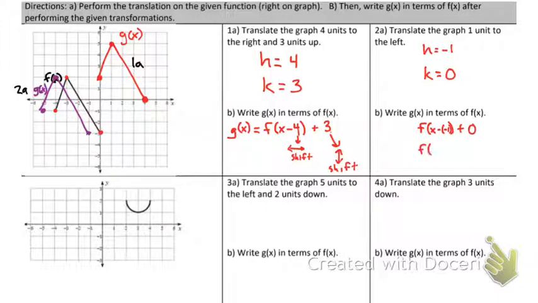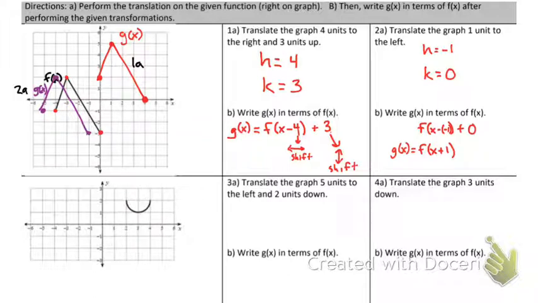So we're going to have f of x plus 1. And do we need a 0? Nope. When we add 0, we can just not write it. So this is my function for g of x.